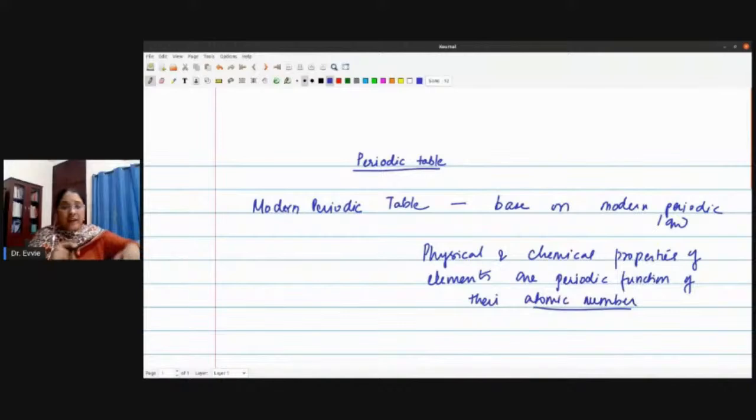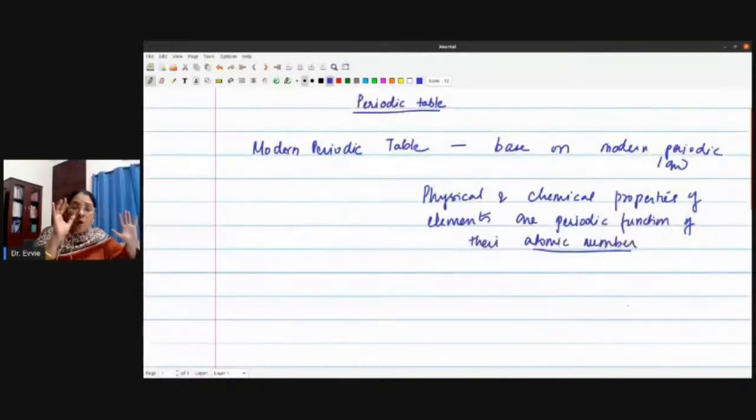All this while, whatever you have studied before this was Mendeleev's periodic table. You would have studied Dobereiner's triads and Newlands' law of octaves, all of which are based on atomic mass. But the modern periodic table is based on the atomic number.